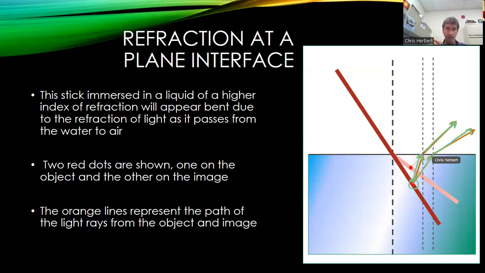The angle is going to become greater because we're going from a higher index to a lower index as we're looking at this pole, okay? So the pole will actually seem bent more in the shallow direction. It looks like the pole is bending toward the surface of the water, moving closer to the interface.